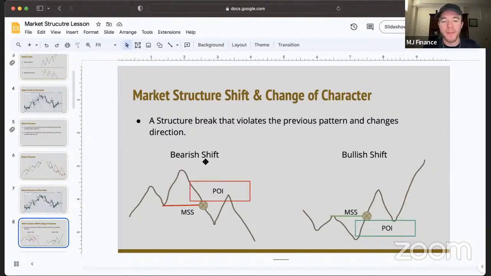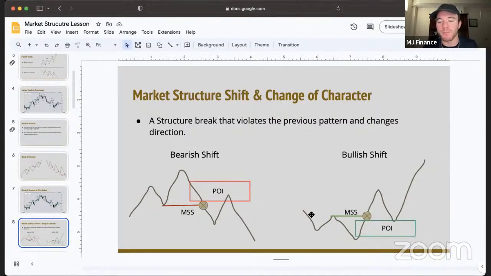So as you could see, a bearish market structure shift is when price is in an uptrend, and then all of a sudden it's not. And it's not because the most recent swing low gets violated. And our point of interest is going to be the gap that's left somewhere on the leg that violated the most recent swing low.